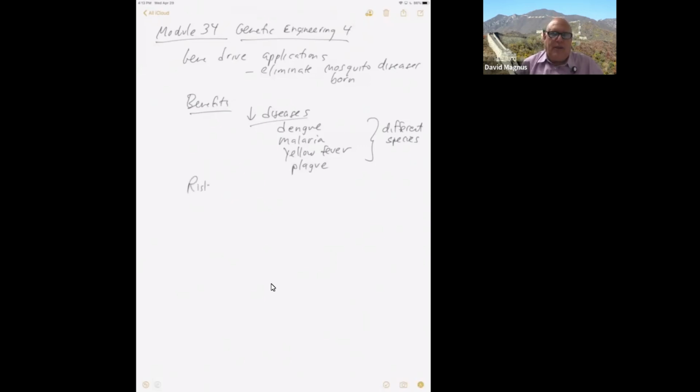So what about the risks? There are a number of environmental concerns: the impact of the loss of mosquito larvae as a food source for some species, the impact of the loss of mosquitoes as a direct food source for birds, and also, interestingly, some species of mosquitoes gather together in large swarms, and those swarms actually impact the behavior of megafauna.